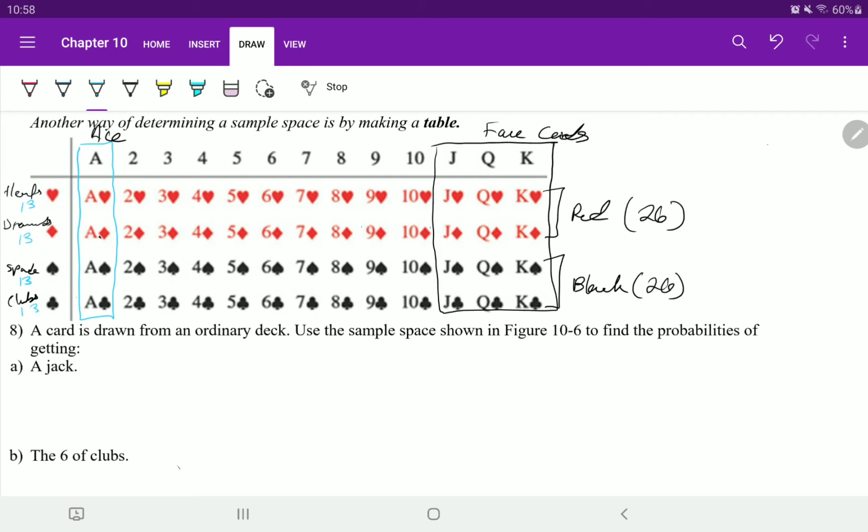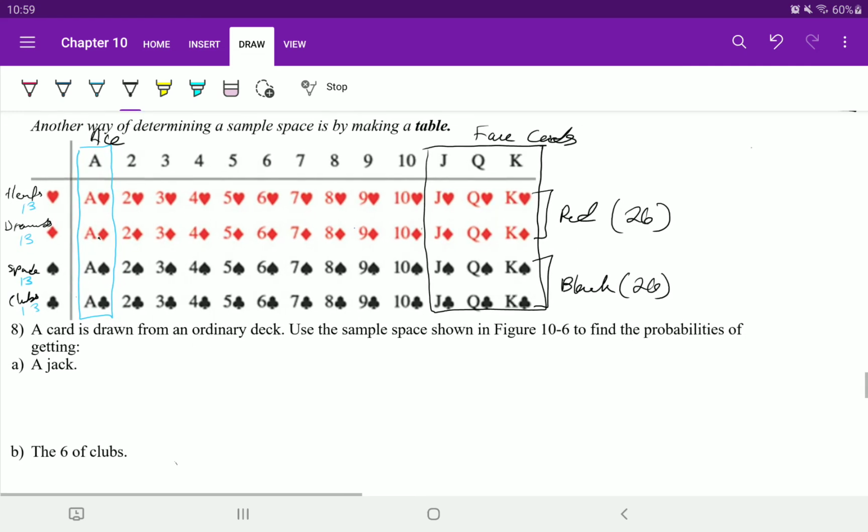Clubs are the clovers, spades are kind of like the leaf. Add them up, still get 52, my apologies. So you know I'm tired. So this is the card sample space. Now we want to find the probabilities. And remember, the overall sample space is 52 cards, because this is a 4x13.